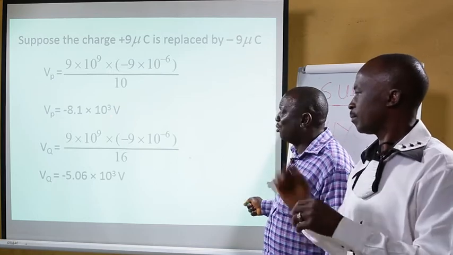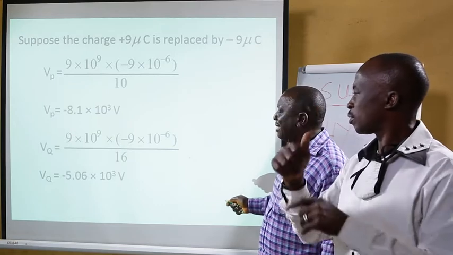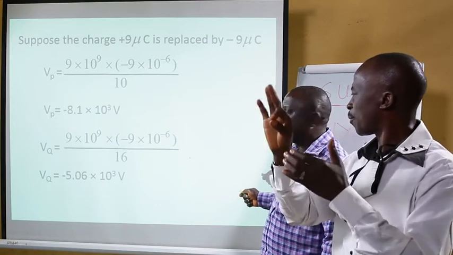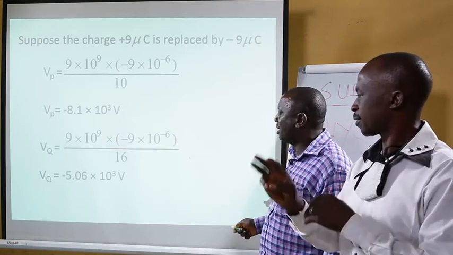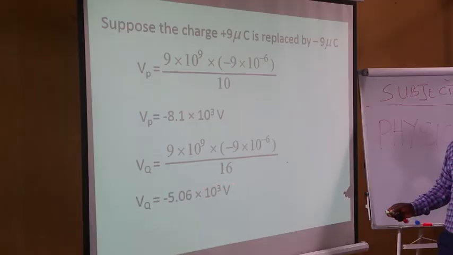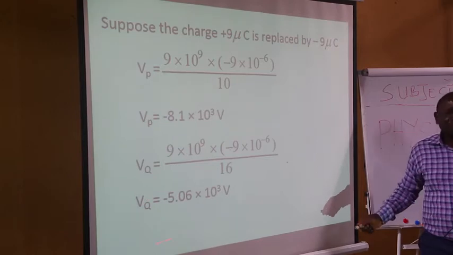Then at point Q, V_Q will be equal to 9 times 10 to the power 9 times bracket minus 9 times 10 raised to the power minus 6 all over 16. And we will have V_Q equal to minus 5.06 times 10 to the power 3 volts. That is the potential at point Q.